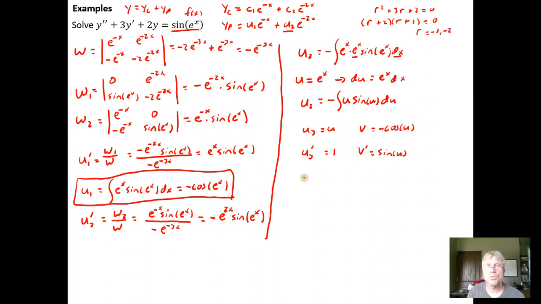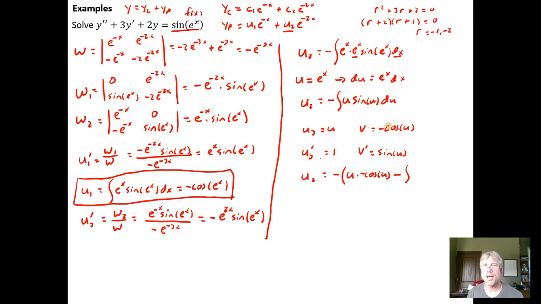So u sub 2 could then be written as, using this, we get u sub 3 times v, or u times the opposite of the cosine of u, minus the antiderivative of the product here, u sub 3 prime times v.